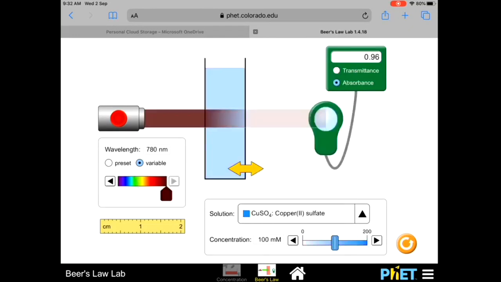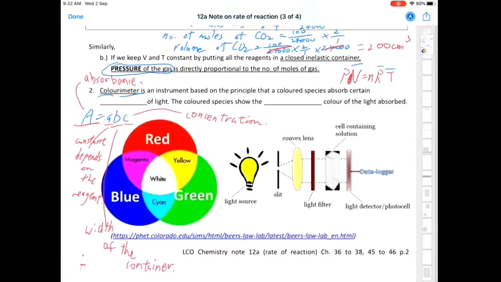And if you are using a blue solution, then you will have to choose somehow orange or red in color for measuring the absorbance. 佢哋嘅對色啦，你要識得揀啦。By the animation for the proportional relationship between absorbance and then for concentration and the width of container respectively, and it is based on the principle that a colored species absorbs light with a certain wavelength.